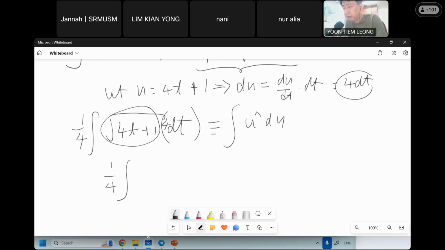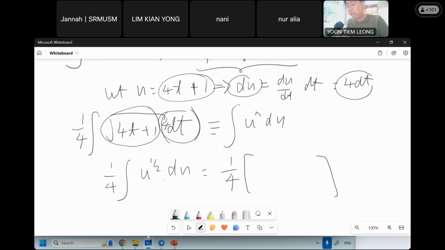So since I define u to be 4t plus 1, then the square root of 4t plus 1 will then be just u to the power of half. And then this is nothing but just my du. So I have this du. So I have the integration with a factor of 1 over 4, and the antiderivative of u raised to the power of half.